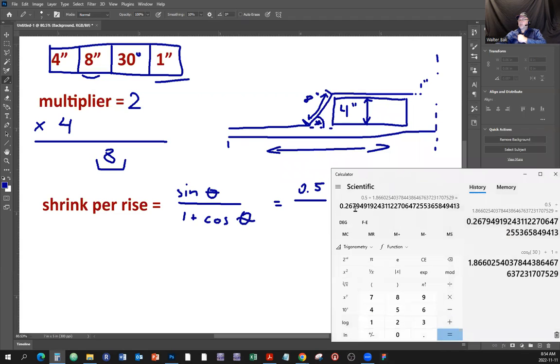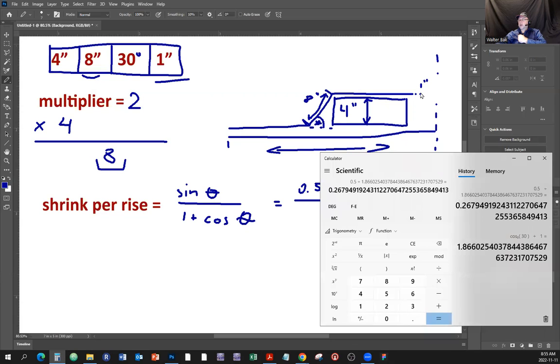That's 0.267 per height of rise. So for every inch of rise, this thing is going to shrink almost a quarter of an inch, approximately, right?